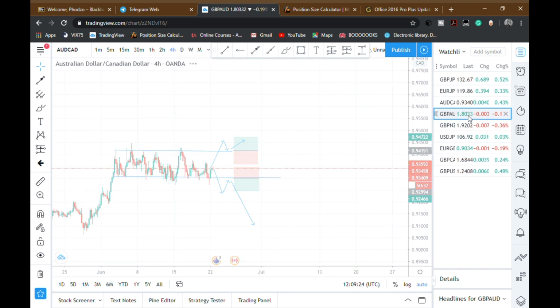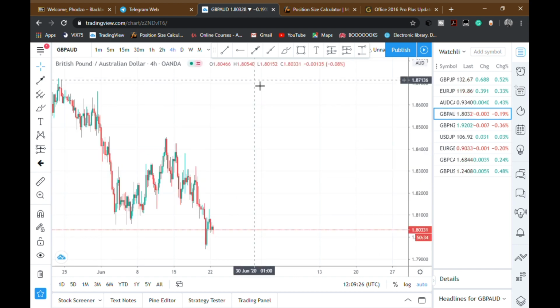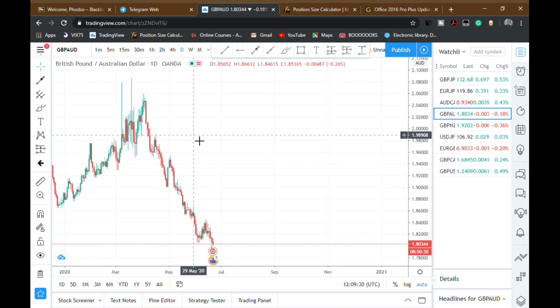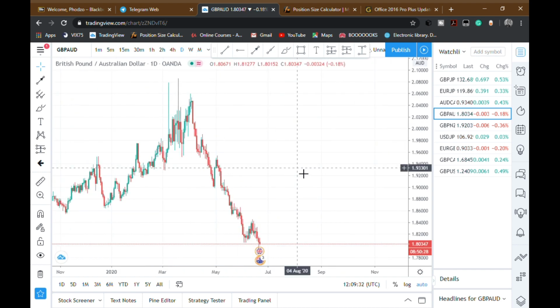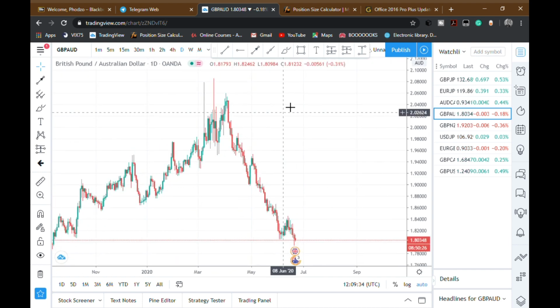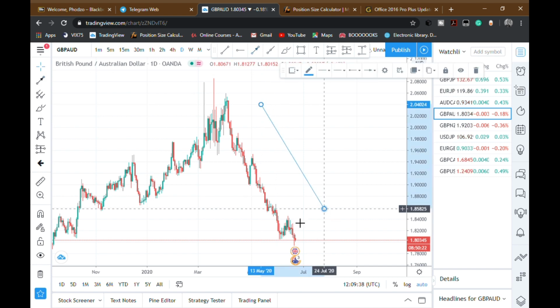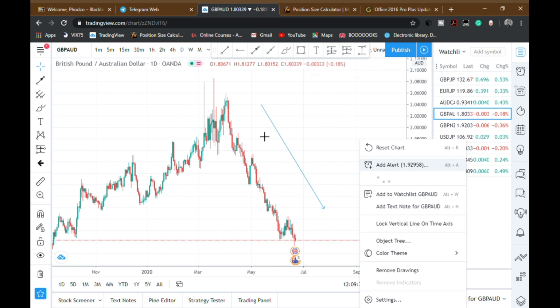So GBP AUD on daily, we are going down. It's on a very strong downtrend, so I don't want to trade against that. My bias is down. I'm just going to be taking sells on this.